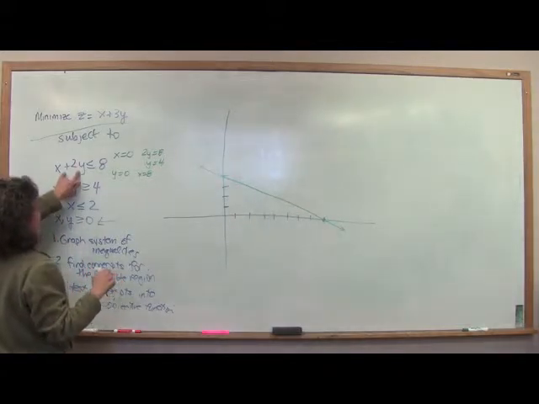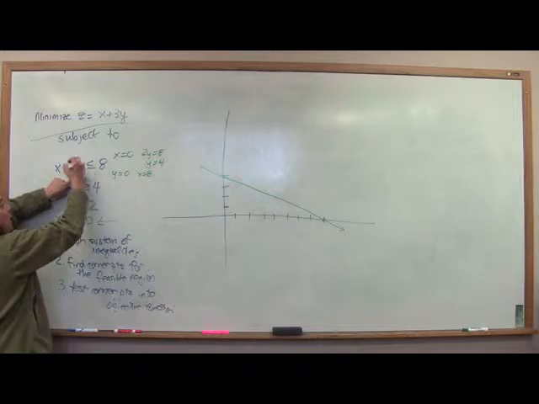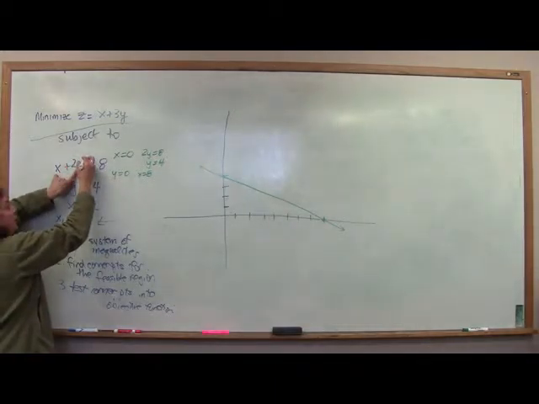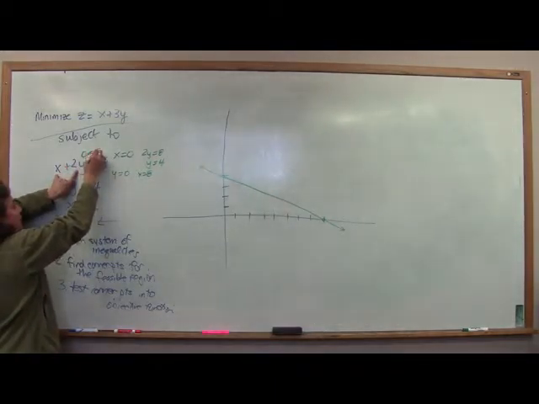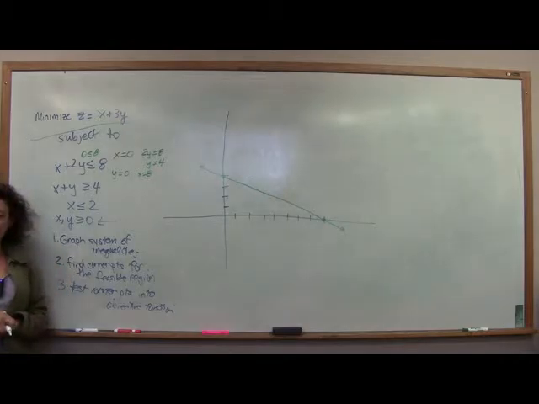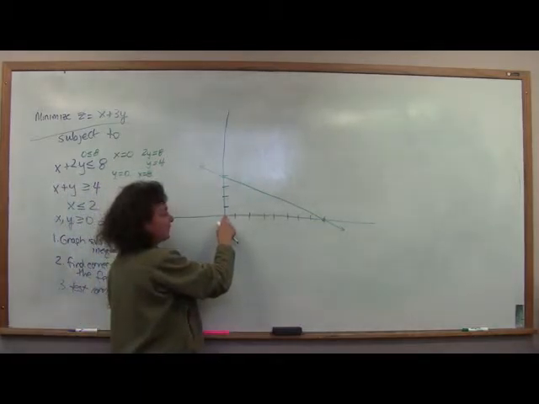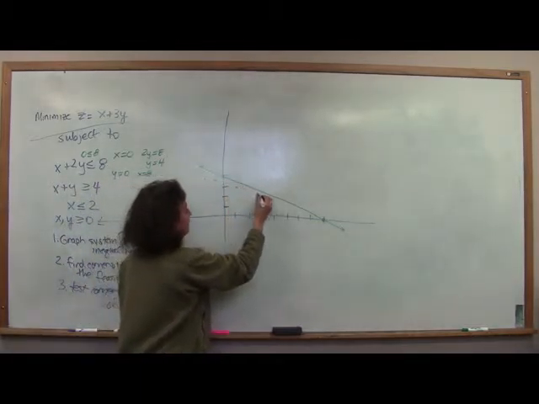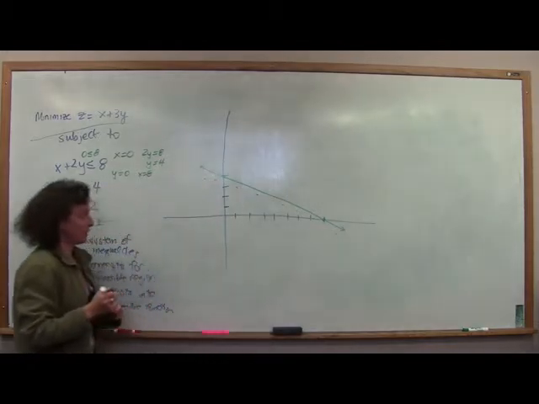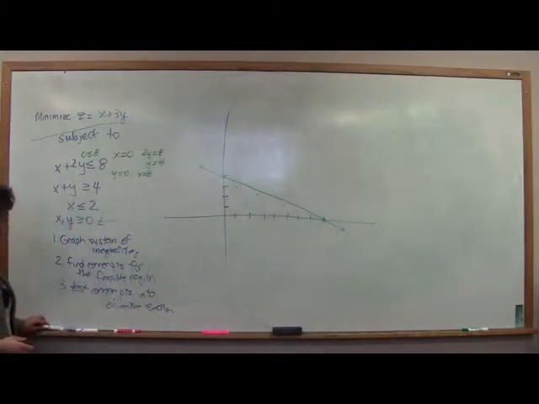So if I test 0, 0 in here, well, plugging 0, 0 in here, I get 0, and I'd get the statement 0 is less than or equal to 8. I think you'll grant me that's a true statement. So since 0, 0 lives on this side of this line, that's this side I would shade on. And there's my first line.